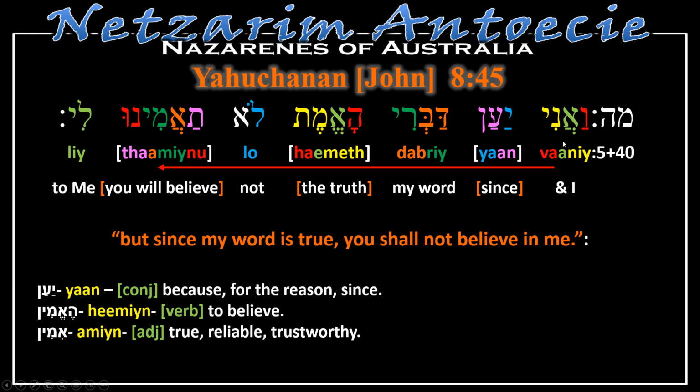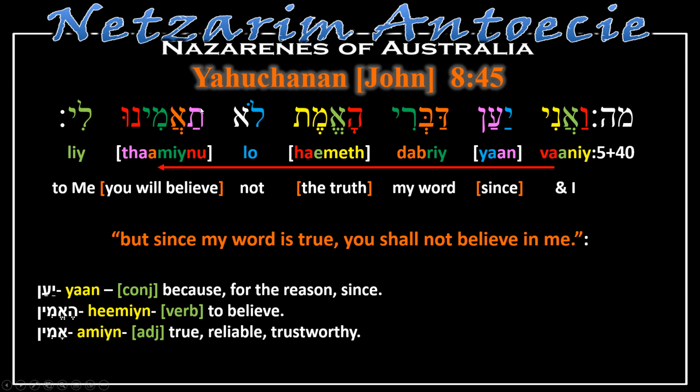Va'ani, and I, Ya'an, since. Now let's have a look down here. Ya'an is a conjunction. It means because, for the reason, or since. So since, dab, re, my word. Now the pronoun is on the end with a chirik and the yod, and it means me or my. My word, ha'emet, the truth, lo not, ta'aminu.